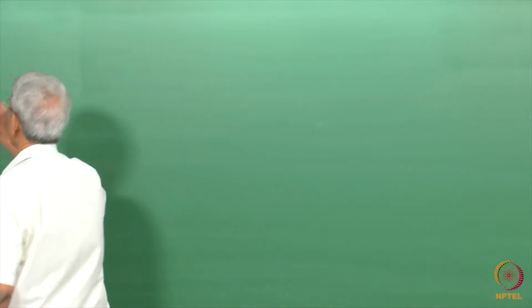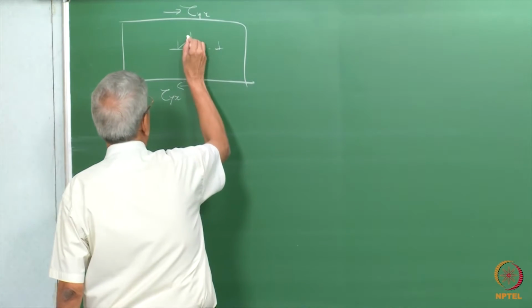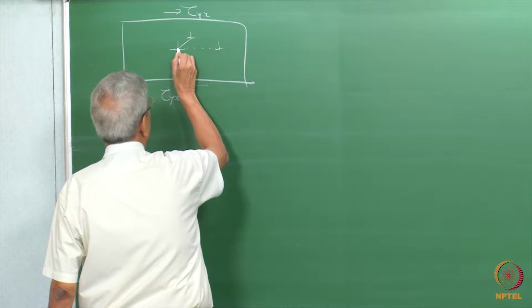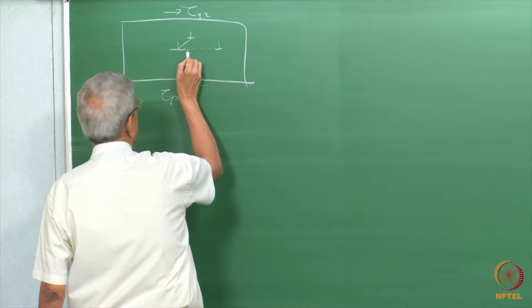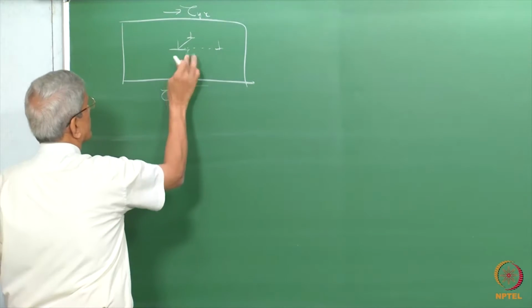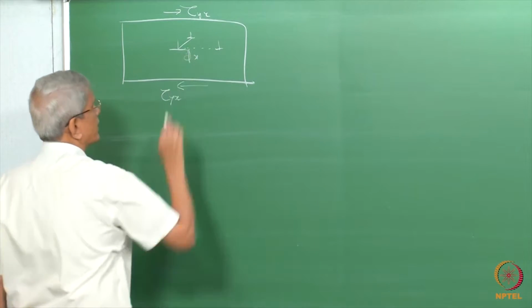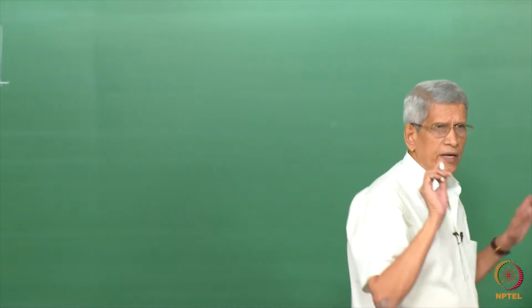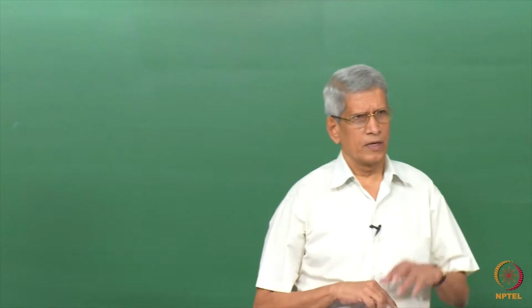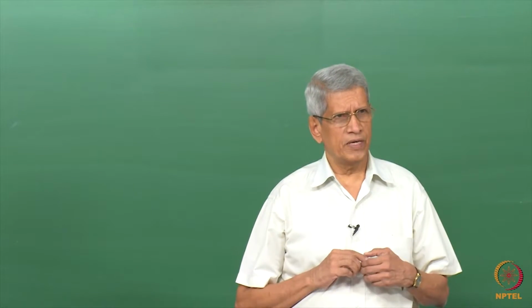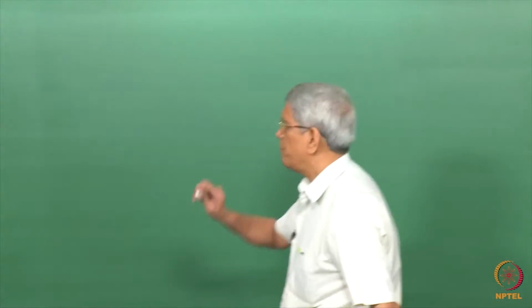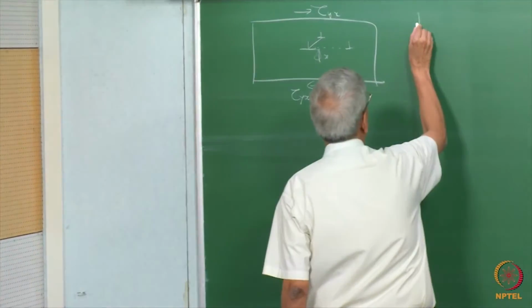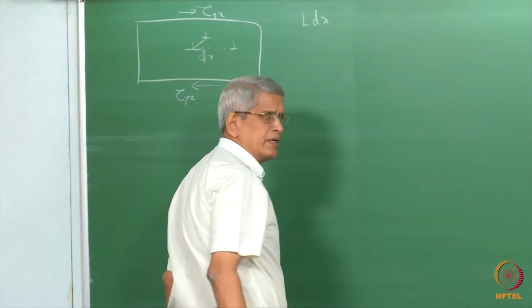Let us consider the sample. Assume that this length has moved some distance dx under the action of the applied stress. What is the area which it has covered? The area will be 1 into dx, correct? It is a unit length.